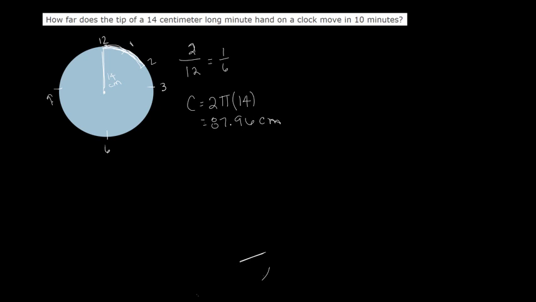Again, that's my distance all the way around my circle, but I just want to know this piece. So I want to know what 1/6 of the whole distance is. I do 1/6 times 87.96, and I come up with 14.66 centimeters. In other words, I go 14.66 centimeters from the 12 to the 2, or when it moves 10 minutes.